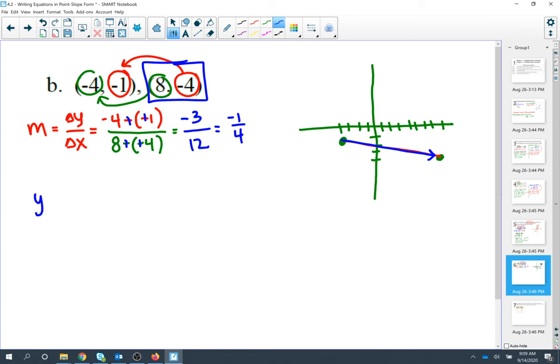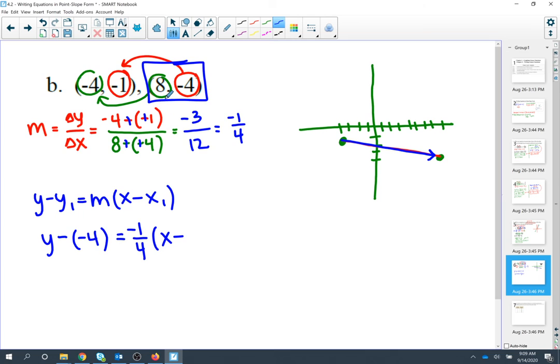So y minus y1 equals m times x minus x1. Y minus, I go and I find my y, -4. Again, be really careful with those negatives. M we found was -1/4. X minus, go find your x value. We're going to use the 8.